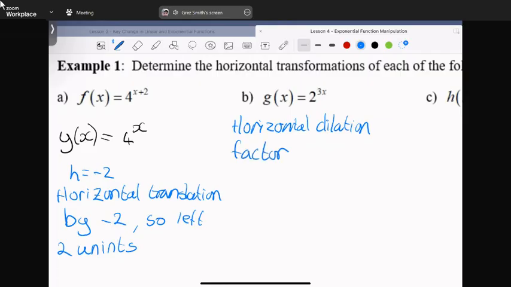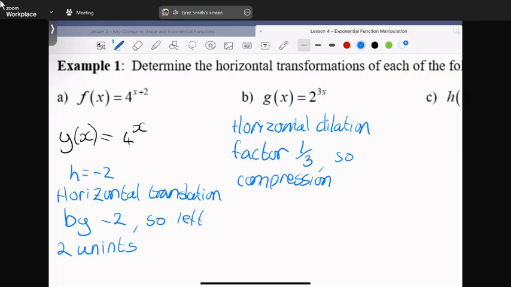Is it 3 or a third? Are we stretching or compressing? We're compressing. So what would the factor be? 1/3. If the value is 2, isn't it just stretched by 2 or no? No, that's the base of the original function. So that's not the transformation.